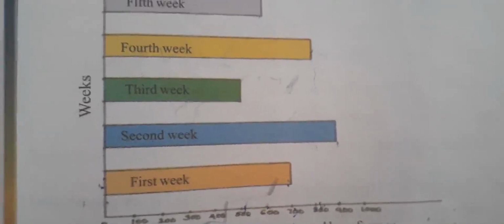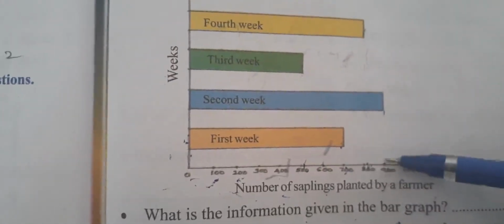Okay, the first week, how many saplings? 700. Next, second week. Where does the line touch? 900.